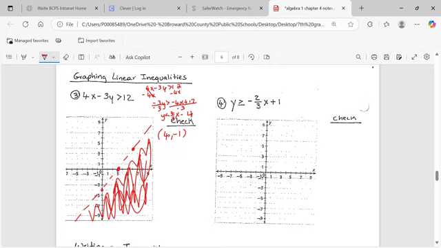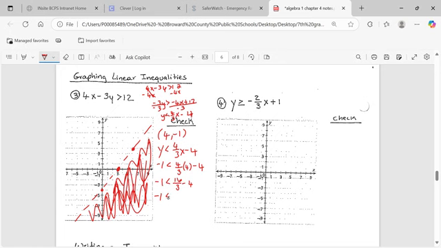And so if I do that, let's see. y is less than 4/3 x minus 4. So negative 1 should be less than 4/3 times 4 minus 4. So that negative 1 is less than 16/3 minus 4.